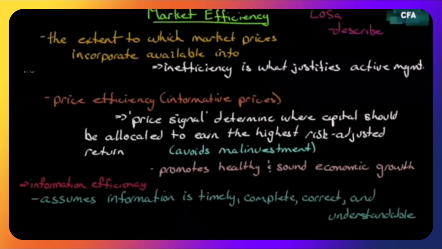We're beginning a new reading on market efficiency. Perhaps no other theory in finance beyond the efficient market hypothesis has courted so much controversy since it first appeared in the early 70s, and most people are divided between the market is efficient and the market is not efficient.